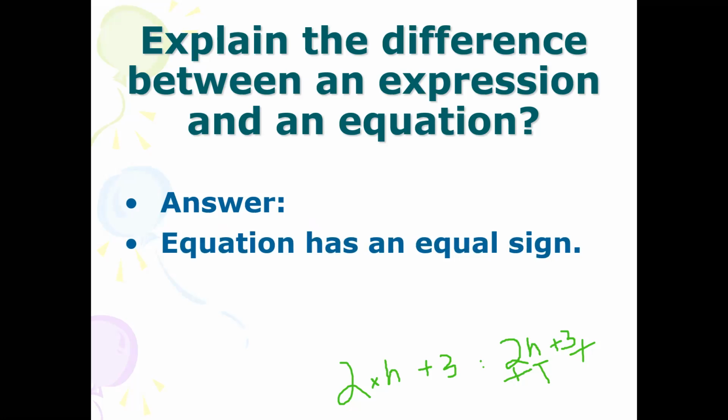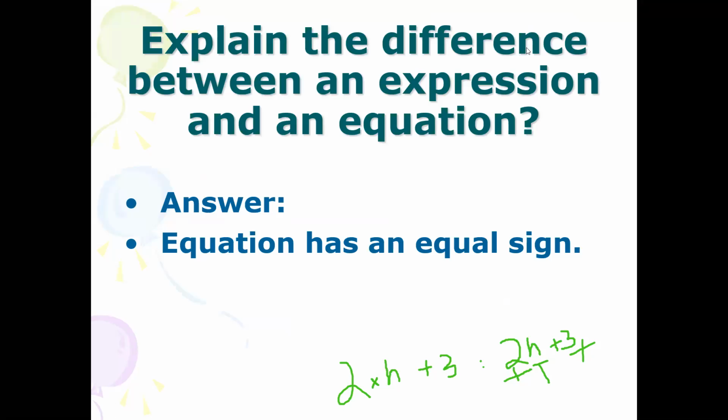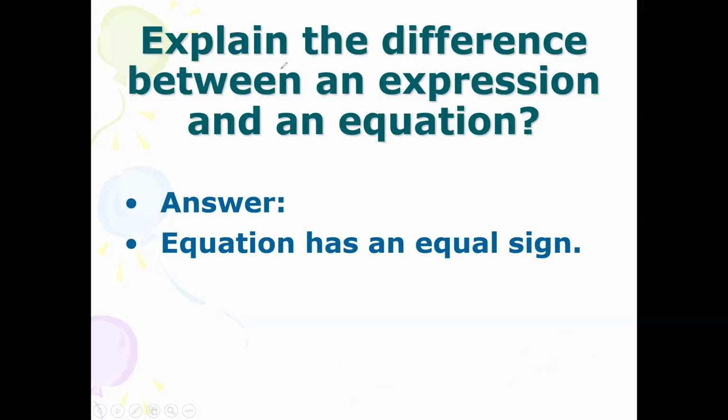Answer: an equation has an equal sign. What does that mean? There are two ways to write an algebraic expression. For example, one way is x plus 3. The other way is x plus 3 is equal to 2. These are two different things.